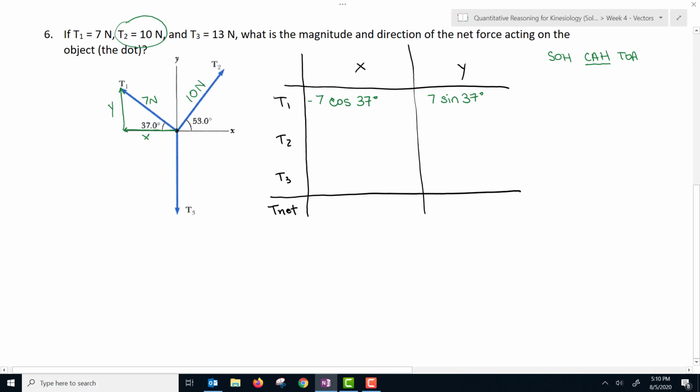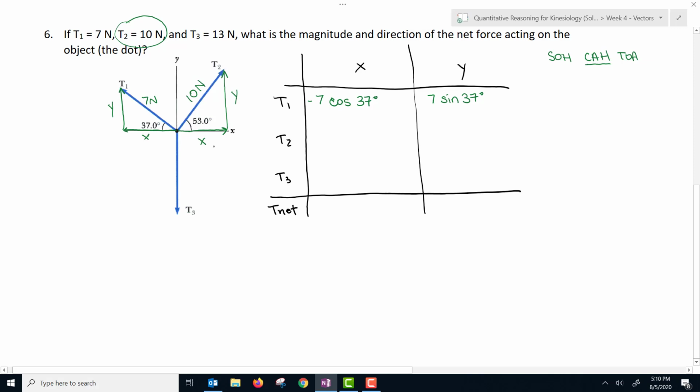Now we can decompose the vector into x and y. Okay, I made my x point to the right because the original vector points to the right. The original vector also points up, so my y should point up. Let's start with x first.